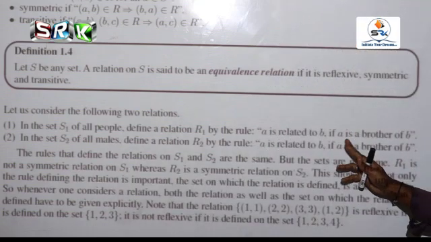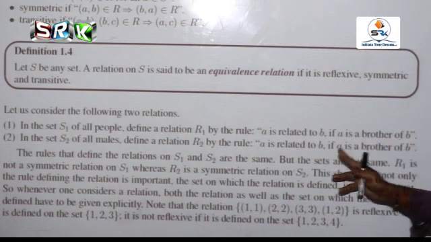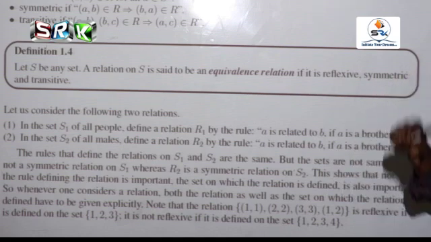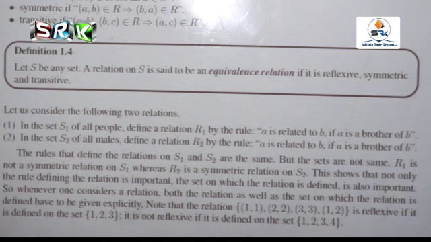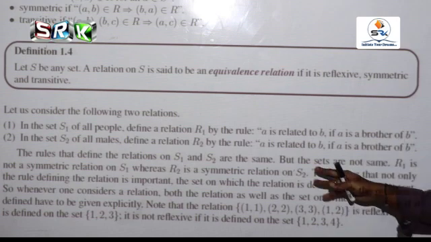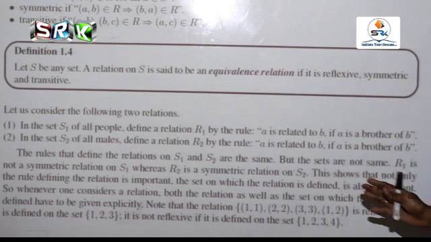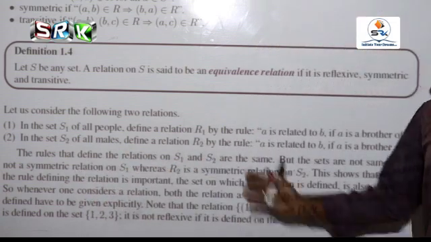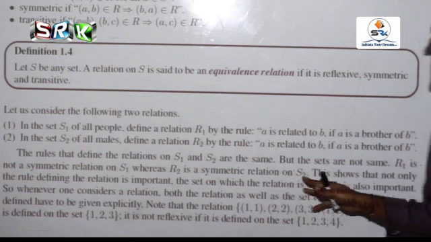Here, A is a brother of B. The relations alone are the same in S1 and S2, but the sets are not the same. So R1 is not a symmetric relation on S1, whereas R2 is a symmetric relation on S2.